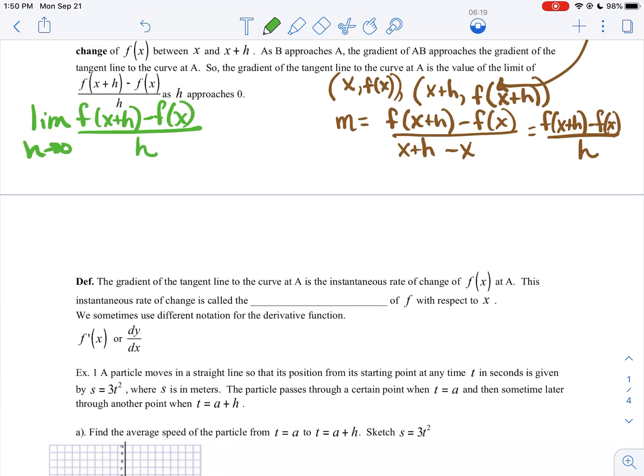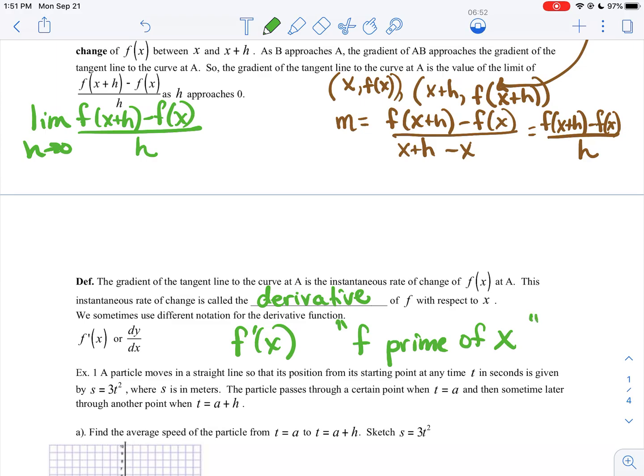All right, so the gradient or slope of the tangent line to the curve at A is the instantaneous rate of change of f of x at A. This instantaneous rate of change is called the derivative of f with respect to x. So we use f, and the way that you read this is f prime of x. That's how you say it.